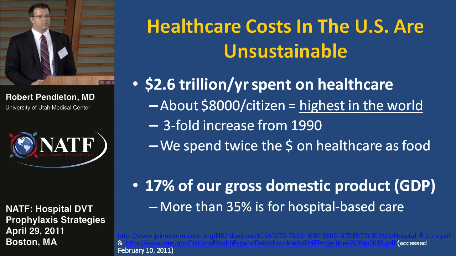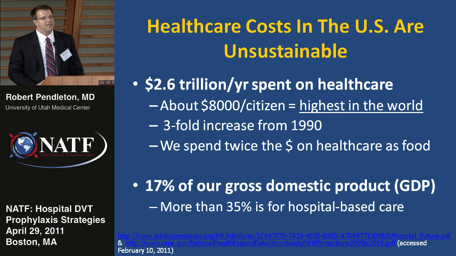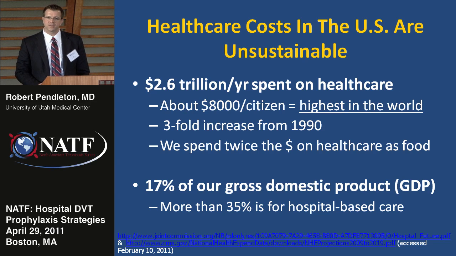Well, first let's start broad, and let's talk about U.S. healthcare, a mild topic of conversation currently in the United States. That's because in the United States we spend an enormous amount of money on healthcare, over $2.6 trillion a year, which is about $8,000 per U.S. citizen, the highest in the world.